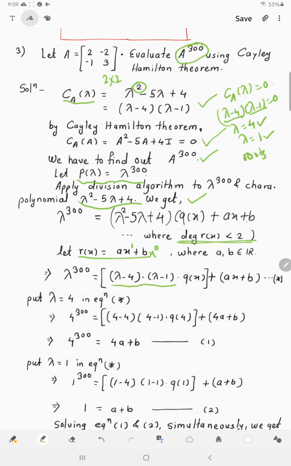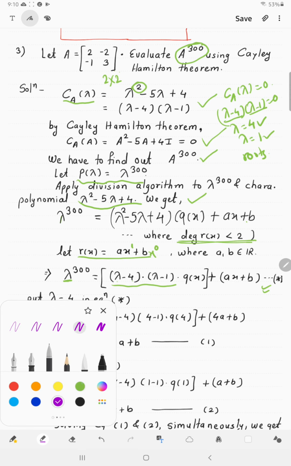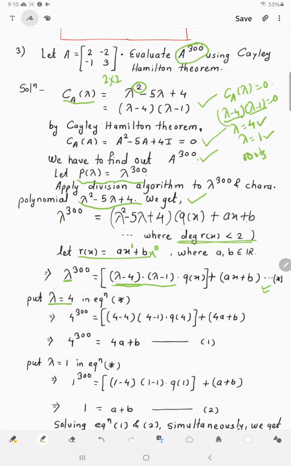Now use these two roots. Use lambda equal to 4 in equation star. So instead of lambda put 4: 4 raised to 300 equals 4 minus 4, into 4 minus 1, into q of 4, plus 4a plus b.